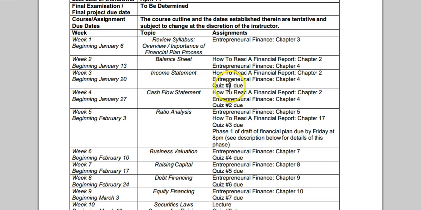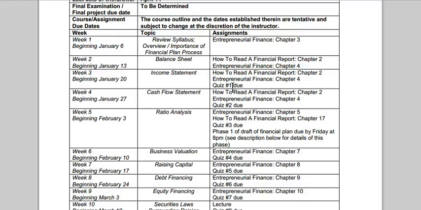Beginning in week three, you'll start having quizzes, and I believe, if I'm not mistaken, there are 14 quizzes, one each week, running through the end of the semester. They're not difficult.